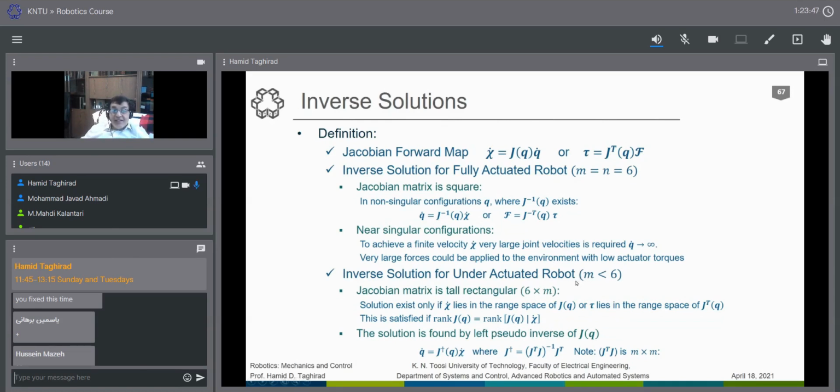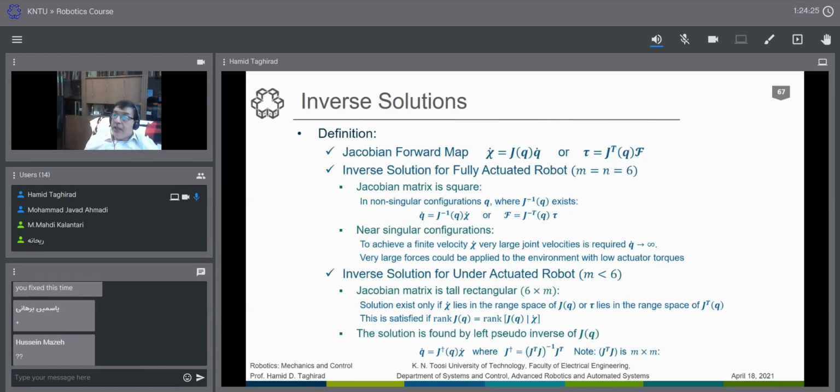In insects, the actuators are very limited, but they can move quite well. The way the different legs of an insect work is somehow under-actuated. But let's not go into extra material, and go to the details of the mathematics that we would like to see here.